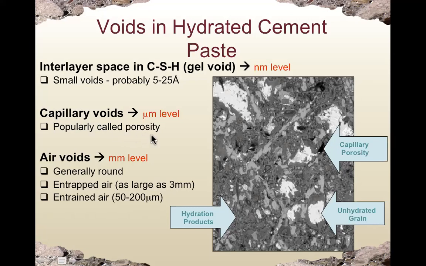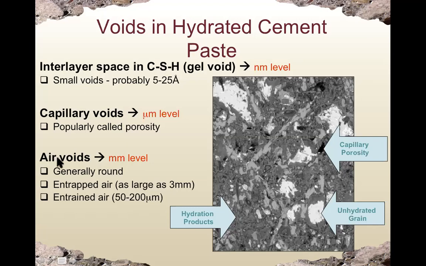So porosity basically is the volume percentage of these capillary voids in the total solid in a hydrated cement paste. The more capillary voids, the higher the porosity, the lower the strength of concrete will be, and concrete will become more permeable and less durable. So more capillary pores is not a good thing for concrete.